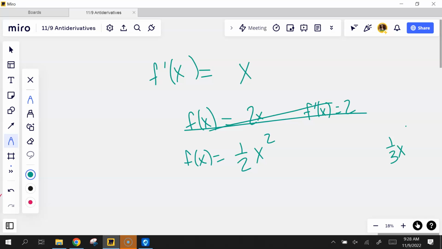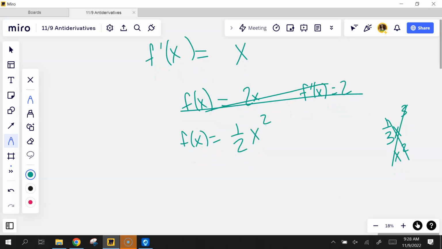All right, Henry says 1/3 x cubed. What's the derivative? x squared. Not x. Even simpler than what y'all are making it now. What's the derivative of a constant? 0.